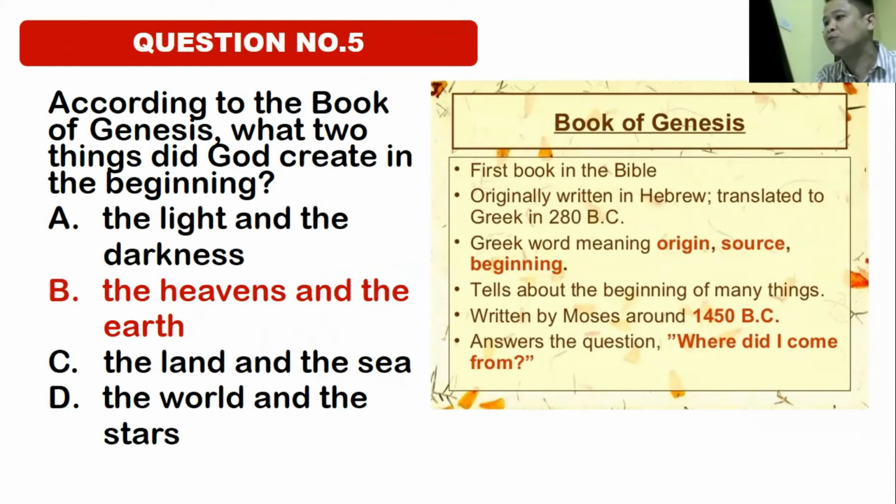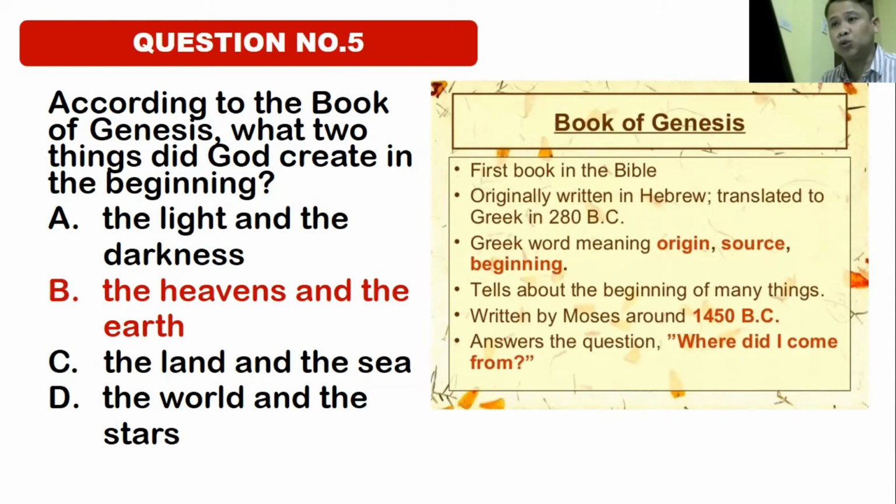Written by Moses around 1450 BC, it answers the question, where did I come from? So that's the book of Genesis. But I think the statement here, written by Moses around 1450 BC, is questionable.